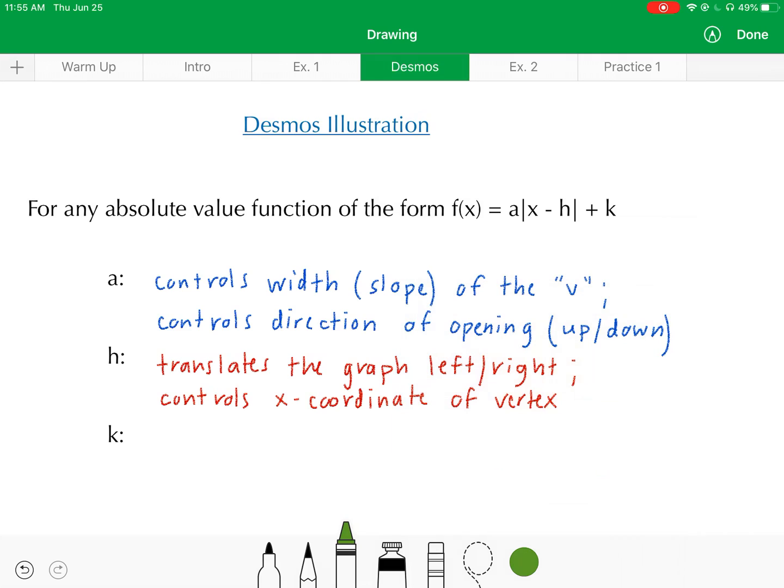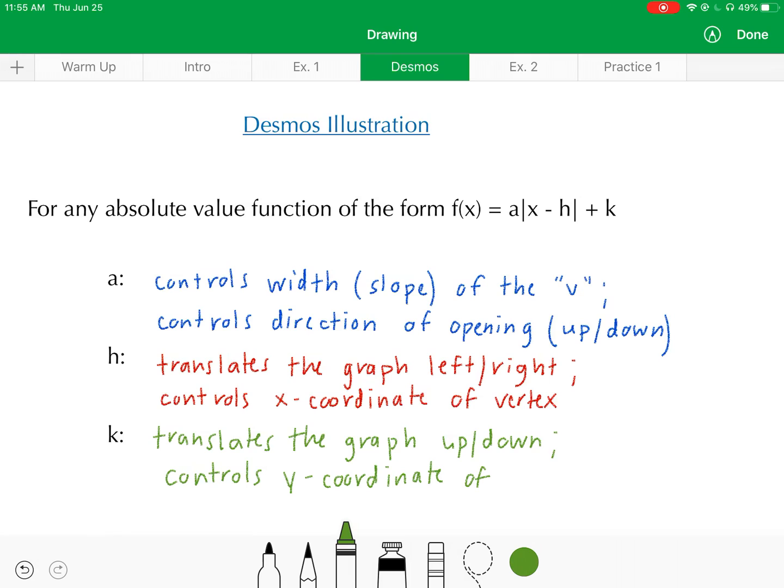And similarly, K translates your graph up or down, and controls the y coordinate of your vertex. All right. So based on these observations, now let's do a few more examples, okay?